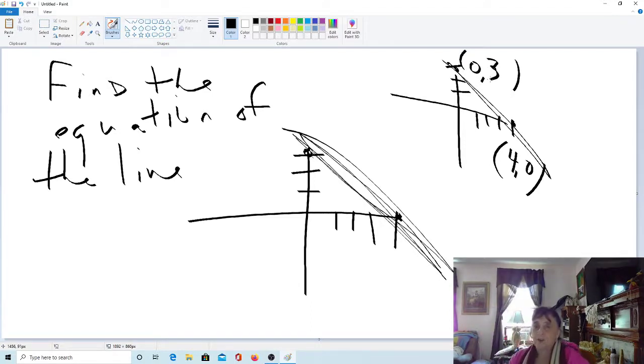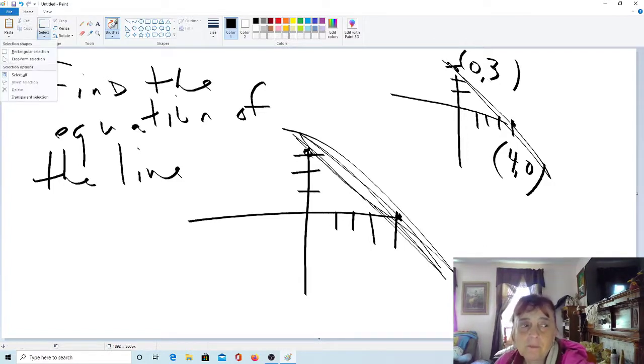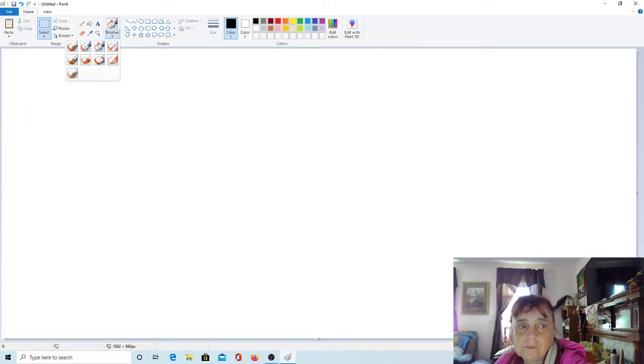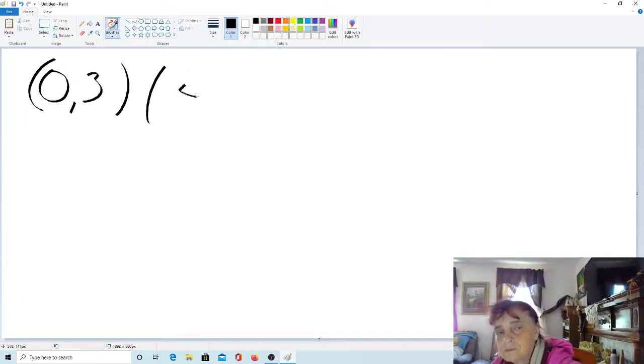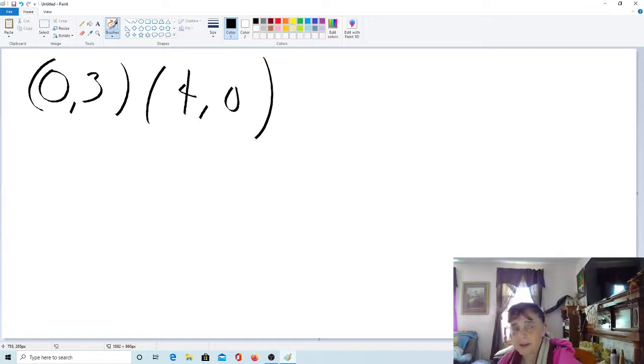Now you've got to find an equation of the line containing the points (0, 3) and (4, 0). And you can find what's called the slope using the slope formula.